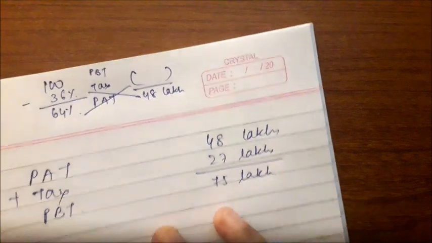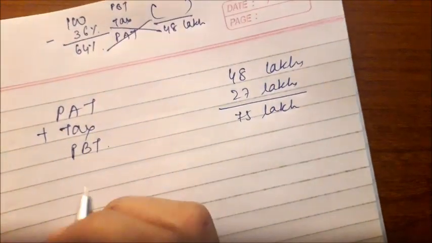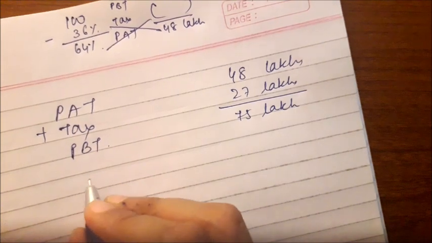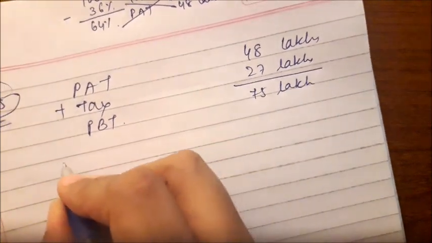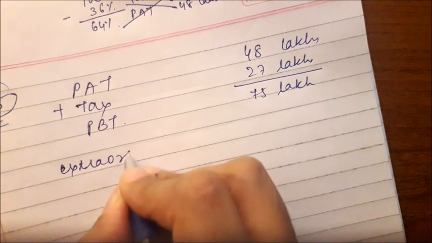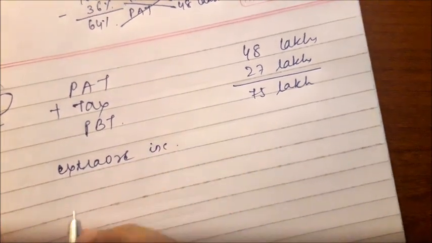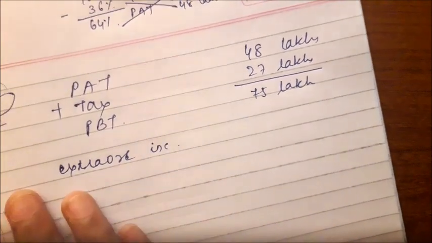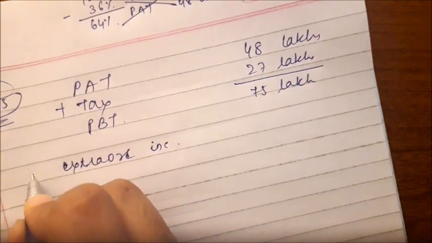Now we have to make some adjustments. What are the adjustments we do? Extraordinary income which we had this year, which is not going to happen, and which we have added, we are going to subtract.